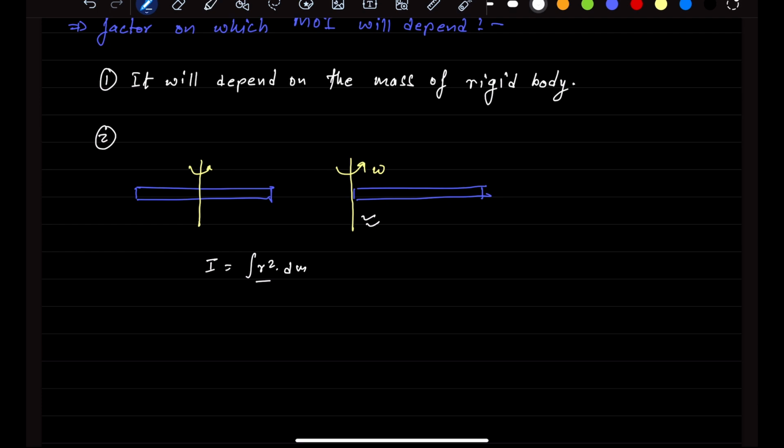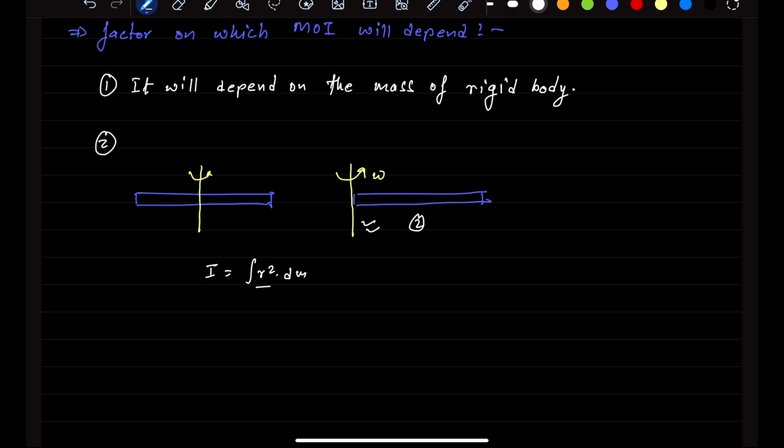So I can say that for the second case, the moment of inertia is greater compared to the first case, although the rigid body is the same. I'm not changing the rigid body. So from here I can say that it will also depend on the axis of rotation.